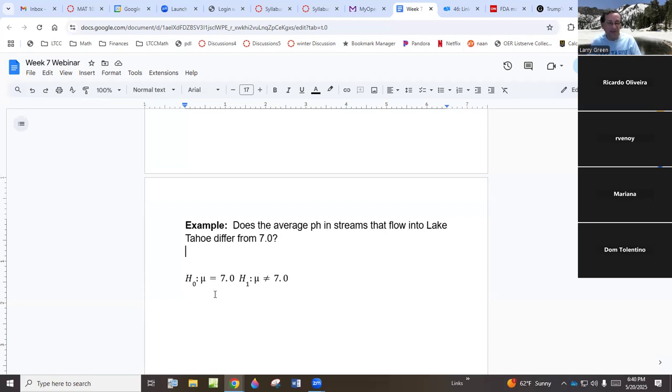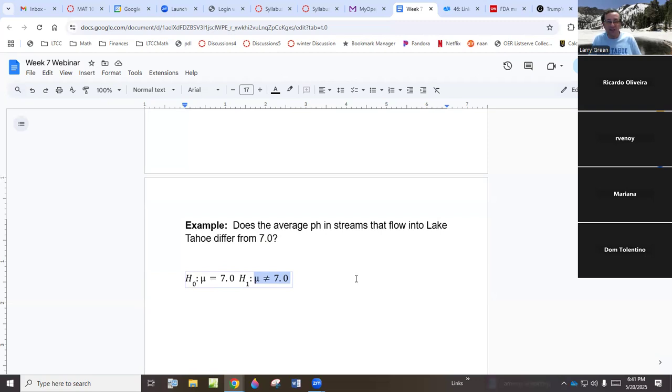So H naught is mu equals 7.0, because the idea is, if there's no issues, then the population mean pH of the streams that flow into Tahoe is 7. That's a good thing, by the way. Whereas H1, the alternative hypothesis, is the population mean pH of the streams that flow into Tahoe is not 7.